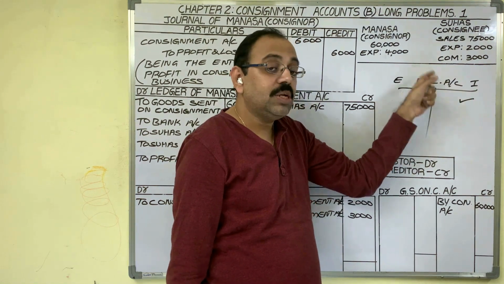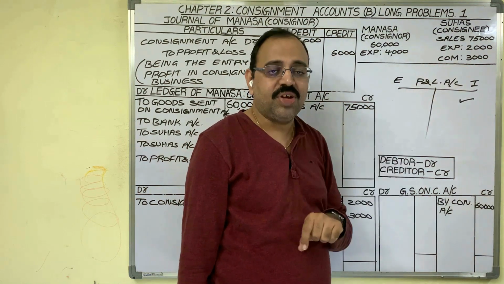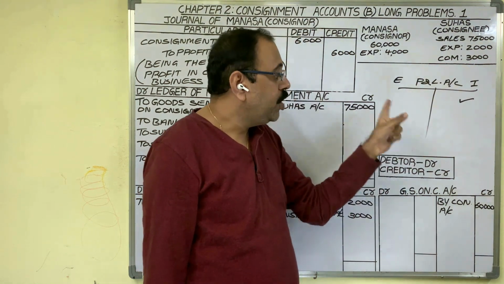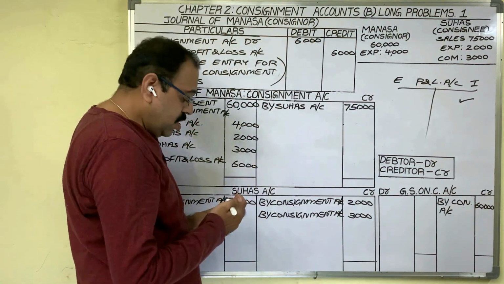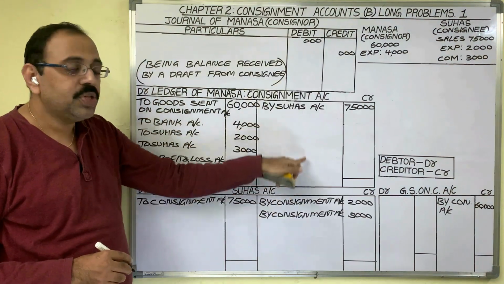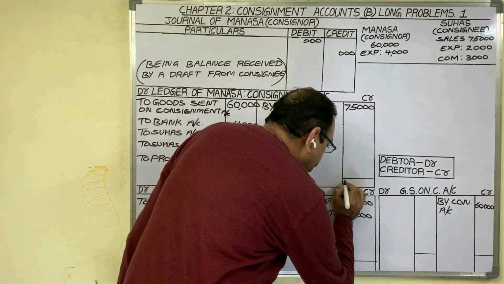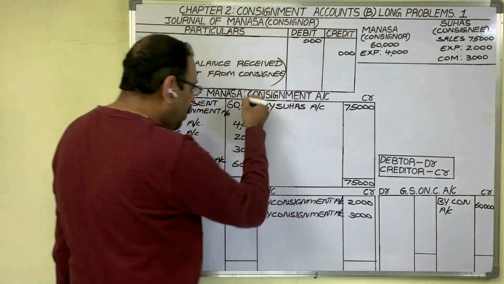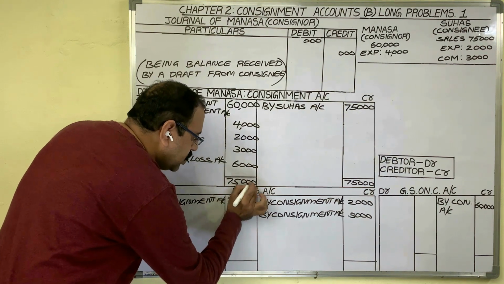Profit and loss account is a part of final accounts, no? Final accounts we already learned in inter first year. Now we are not going to prepare profit and loss account in consignment accounts. Therefore, only for one time if you post, that is enough. Let us put the totals in consignment account first. Credit total 75,000. Debit side also total will be 75,000.